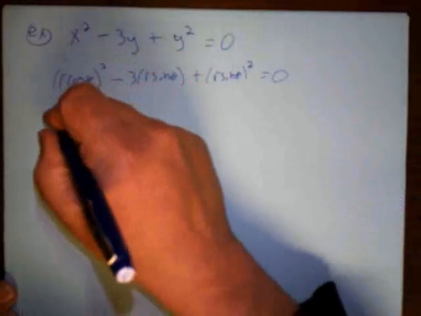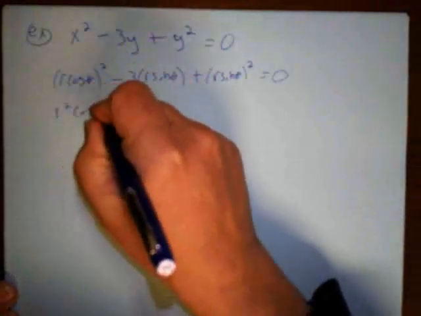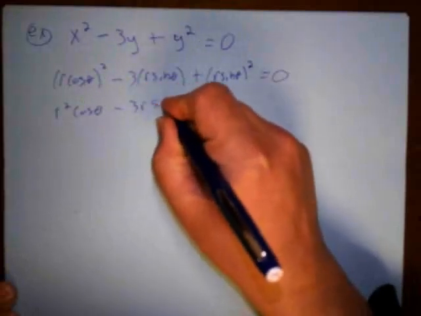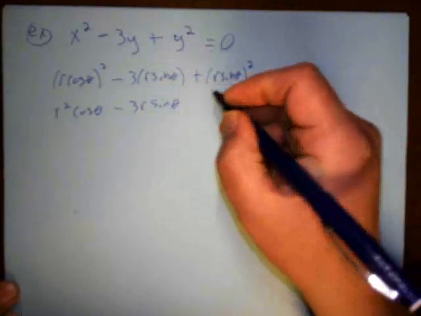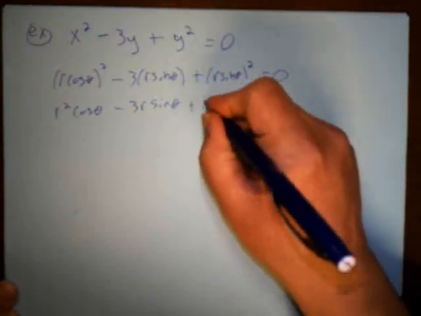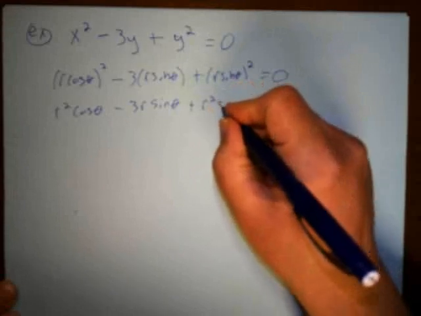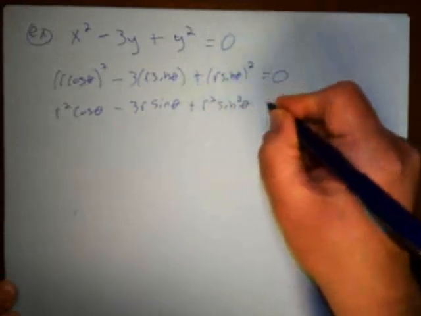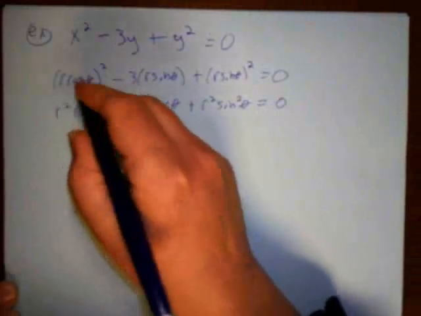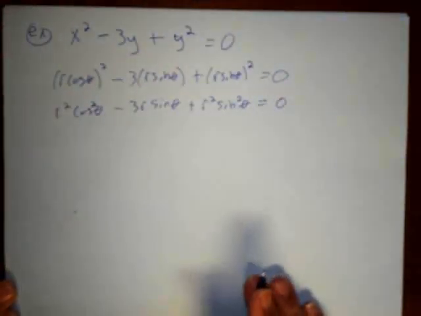Okay, so now this is like r squared cosine squared theta minus 3r sine theta plus r squared sine squared theta is equal to 0. I'm sorry, this should have been squared: r squared, you have to square the r and the cosine.